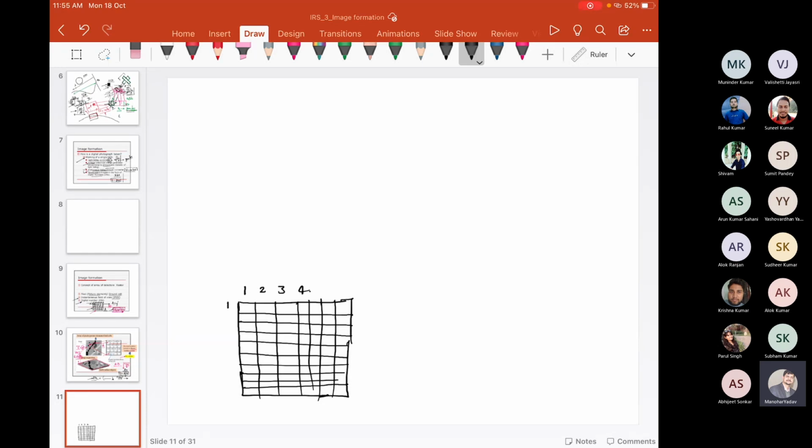So 1, 2, 3, 4 are the row numbers, and these are the columns, let's say 1, 2, 3, 4. This cell is represented by C11, let's say C12, C13.